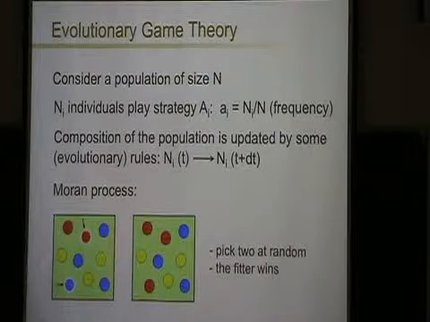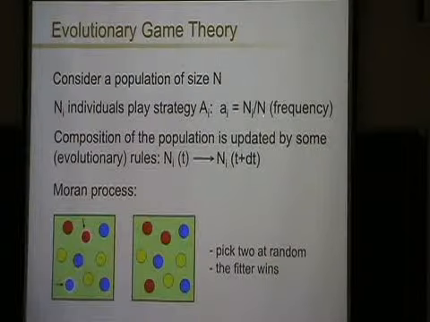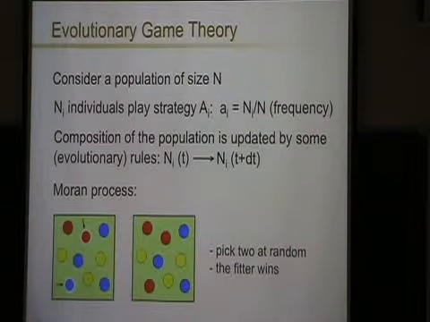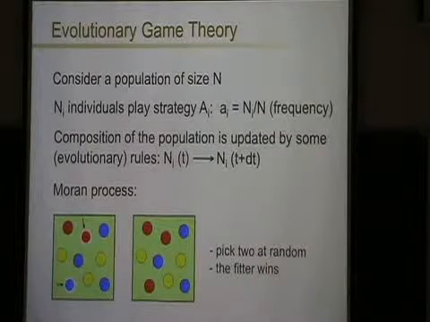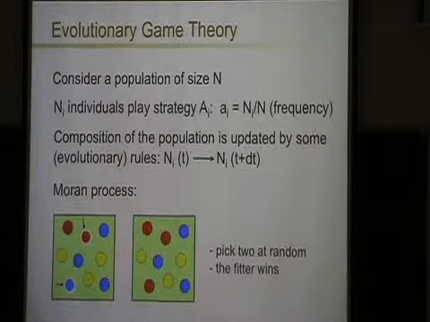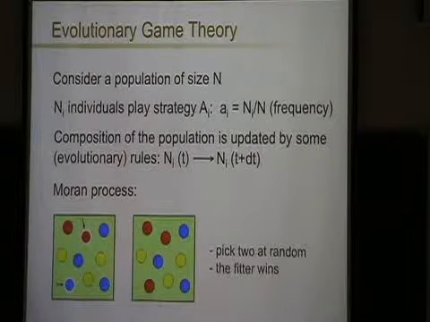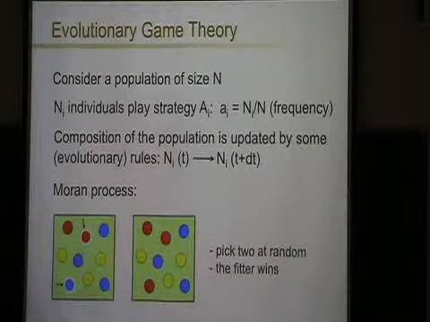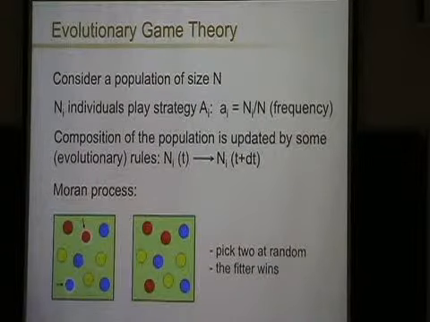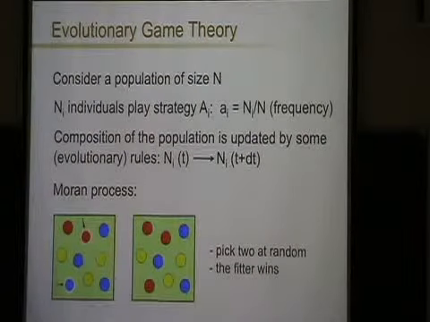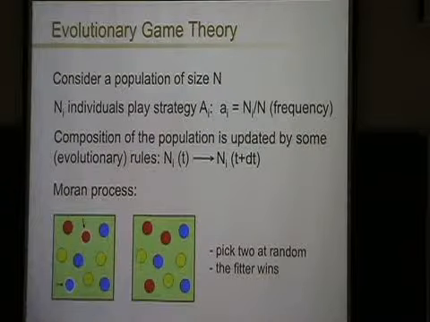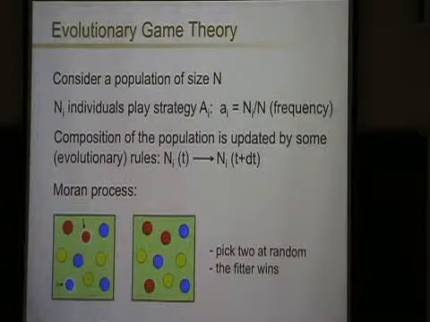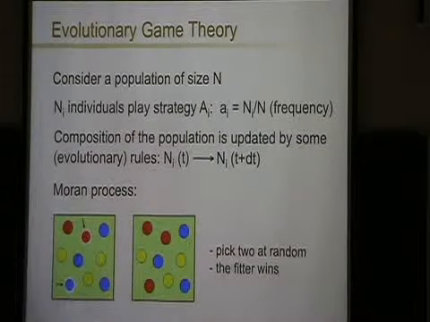Now, the way you update the dynamics, we update the population, is you just apply certain evolutionary rules. And they can be very complex. They could be deterministic rules of updating. They could be stochastic rules of updating. They involve all kinds of interaction between the individuals, which could be direct or indirect. They could be discrete in time, so you would have time steps and generations, or they could be continuous in time. So you have the whole range of mappings from one situation to another situation.